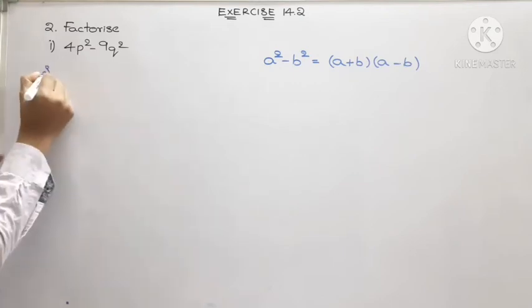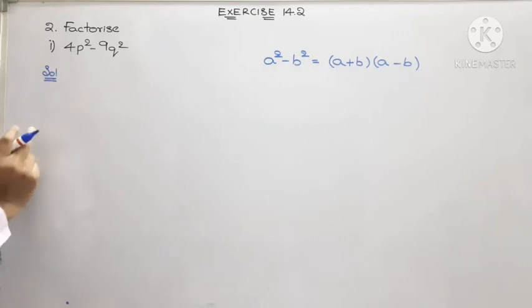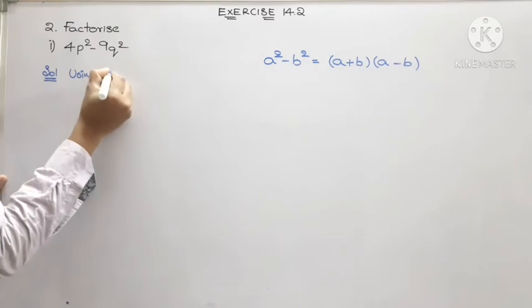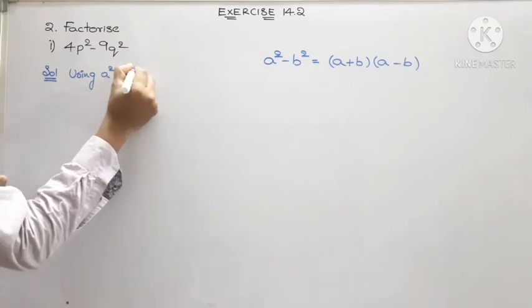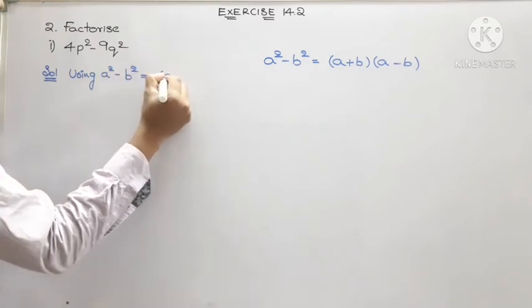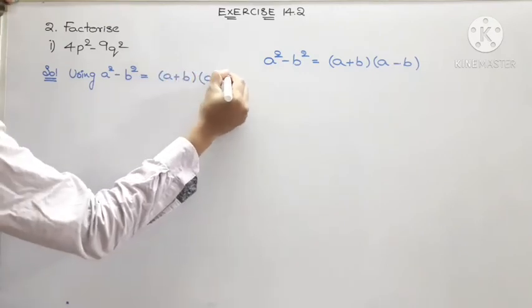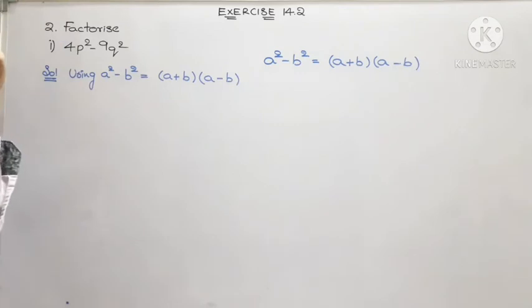So 4p square, just like yesterday's class, using a square minus b square is equal to a plus b multiplied by a minus b.